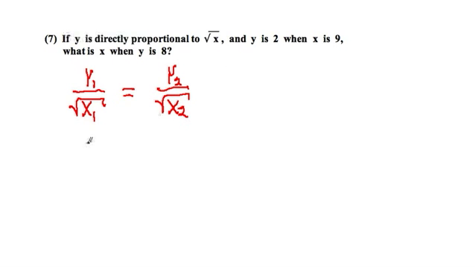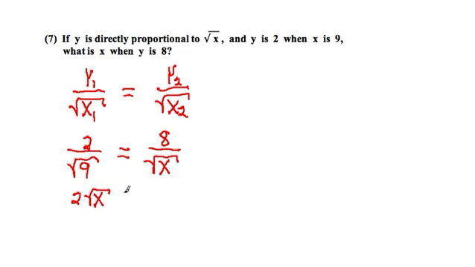And then we plug in numbers. So y is 2 when x is 9. And what is x when y is 8? But it has to be the square root of x. So by cross multiplication, 2 times square root of x is equal to square root of 9, which is 3, times 8, which is 24.